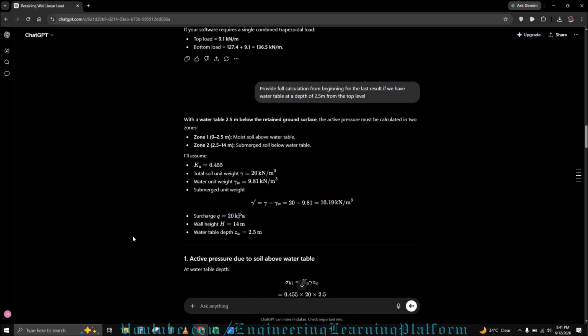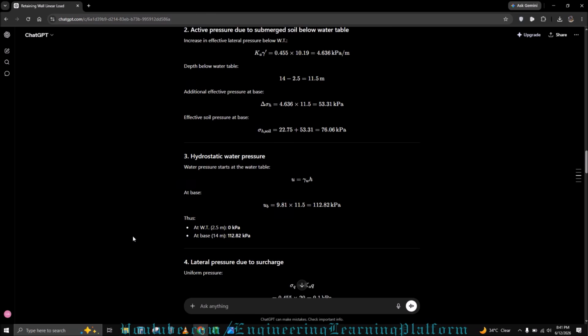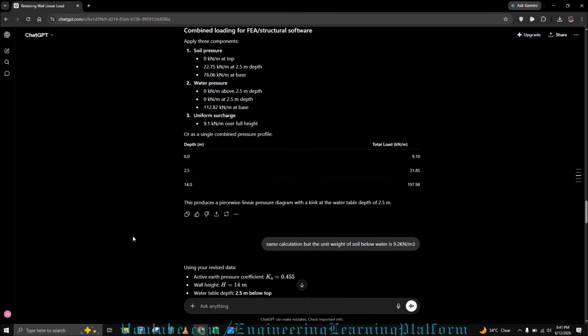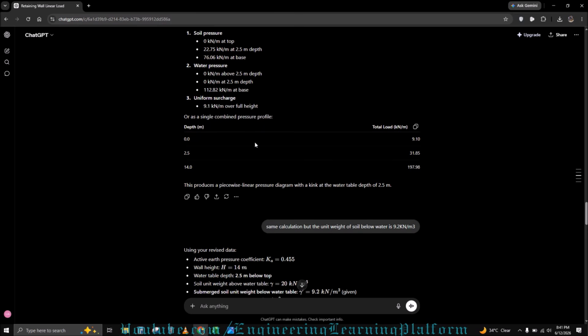And in the end I got the updated pressure as well for the problem. So it gave me the distributed weights in the form of kilonewton per meter of the wall, but that's not the output required. Now I need the same calculation, but the unit weight of soil below water is 9.2. I still missed this parameter, so I'm inserting it.